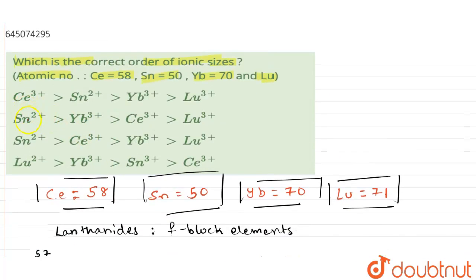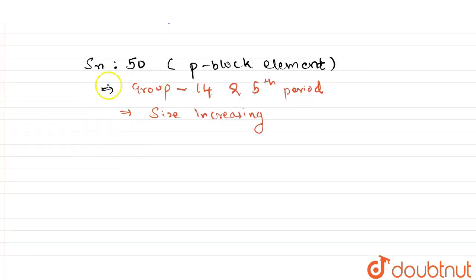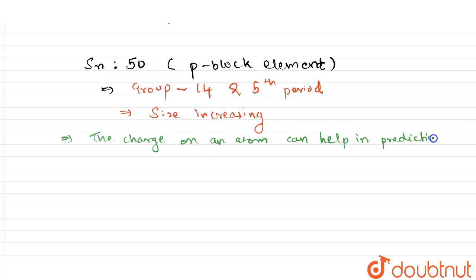And we are talking about Sn+2 over here, because if you see the options, Sn is in the +2 oxidation state. Also we can conclude that the charge on an atom can help in prediction of size. Basically ionic radius we are talking about.